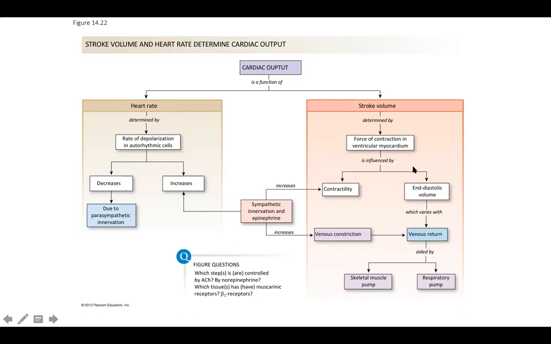And it's also influenced by the end diastolic volume, the amount of blood that enters the left ventricle, and we talked about that as well. And we know that the amount of blood that enters the ventricle changes depending on how much blood is returning to the heart. So all of these things are very intertwined with each other.